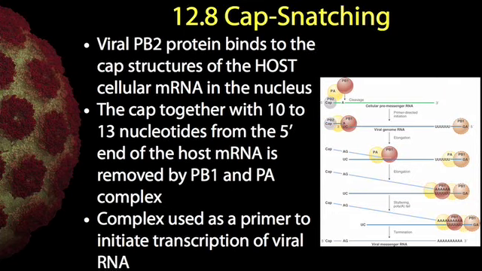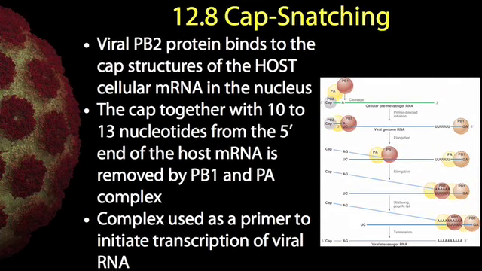And essentially what happens is the virus steals the cap off of a cellular RNA. So in the nucleus of the cell, your cell makes mRNA, and that mRNA has a 5' cap on it. Okay. The viral polymerase binds to that cellular mRNA about 15 nucleotides in. The polymerase cleaves that cellular RNA and takes the cap plus the first 15 nucleotides.